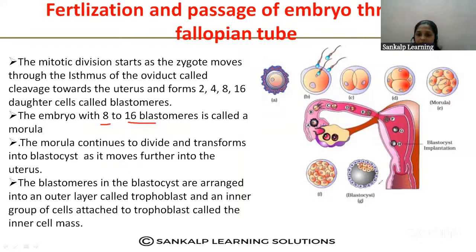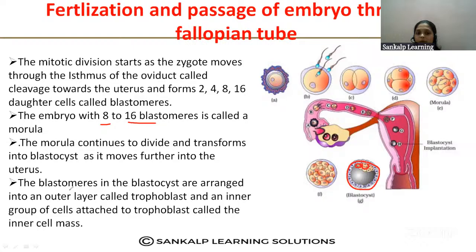So in the blastocyst, these blastomeres are arranged at the outer layer. Here you can observe these blastomeres arranged at the outer layer, and you can observe some cells inside. So this is called a blastocyst.